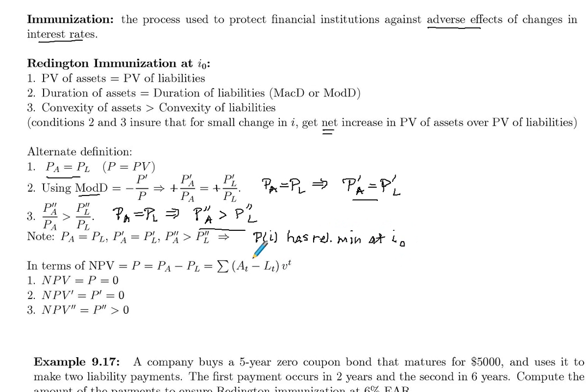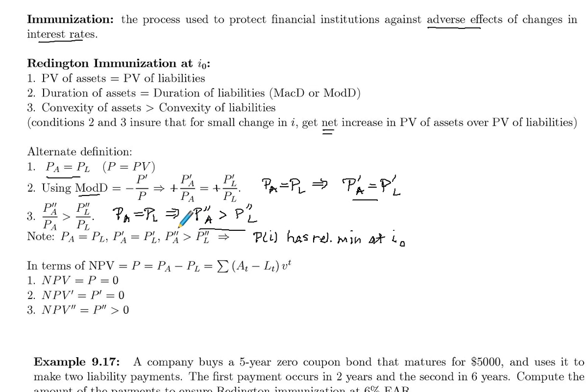And why is that? Well, this is saying that the derivatives are equal to each other. So if the derivatives are equal, then you've got a horizontal tangent. And here this is saying that the concavity is positive.